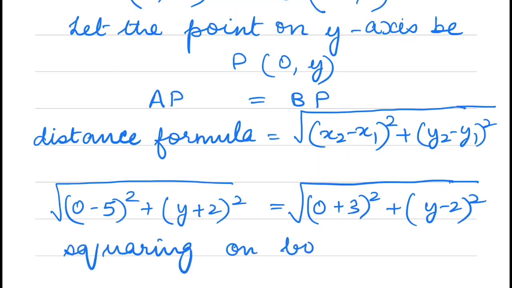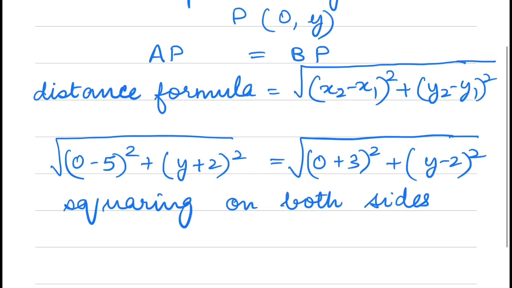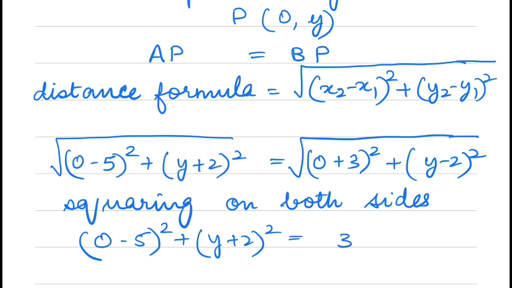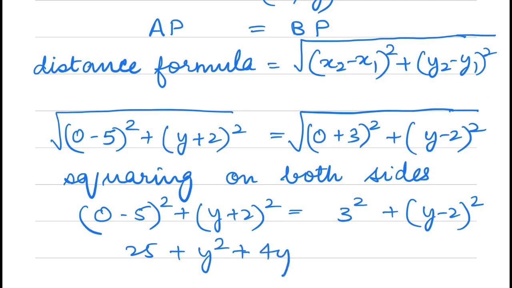Squaring on both sides, we get (0 minus 5) whole square plus (y plus 2) whole square is equal to 3 square plus (y minus 2) whole square. Now this is minus 5 square, so 25 plus y square plus 4y plus 4 is equal to 9 plus y square minus 4y plus 4.